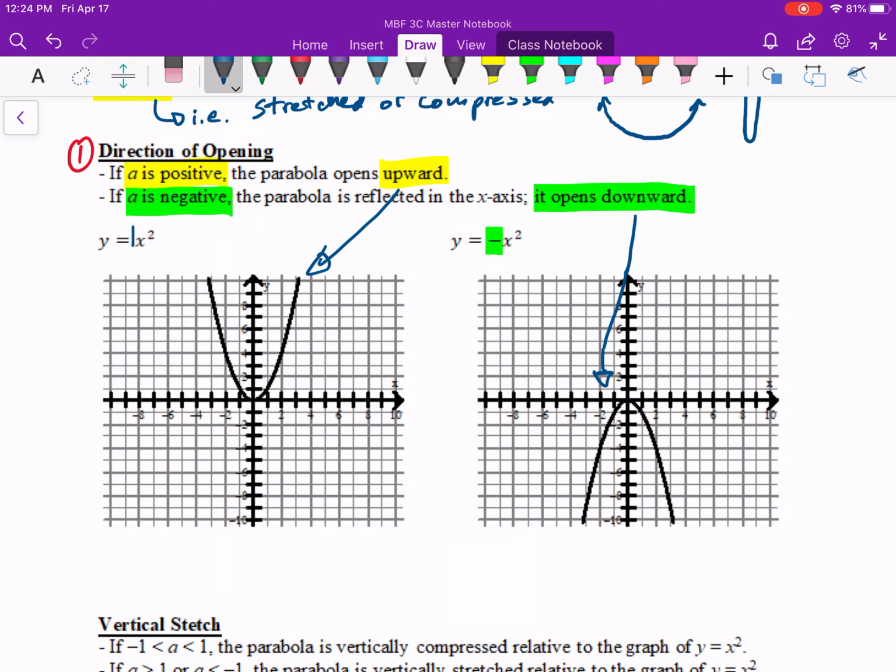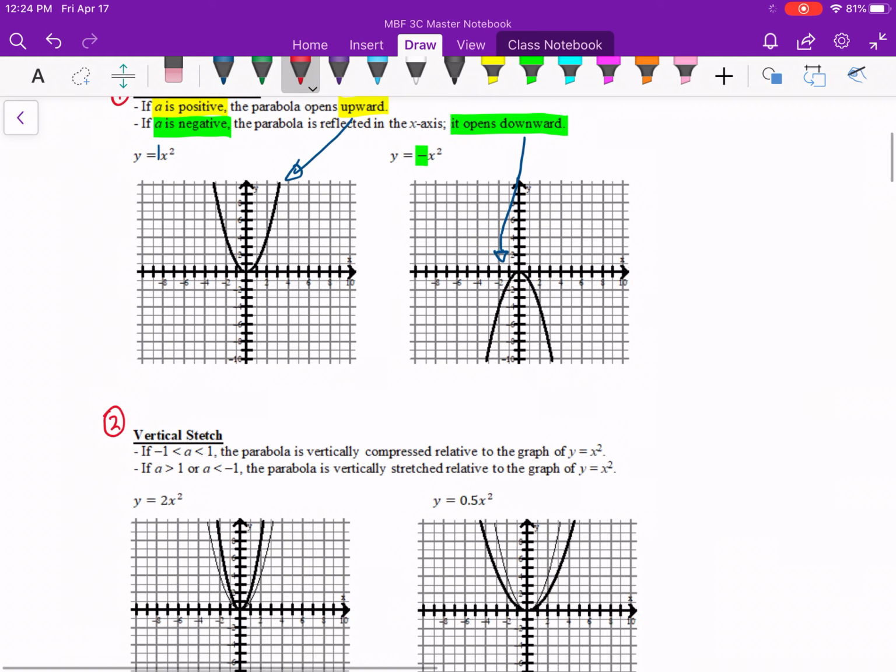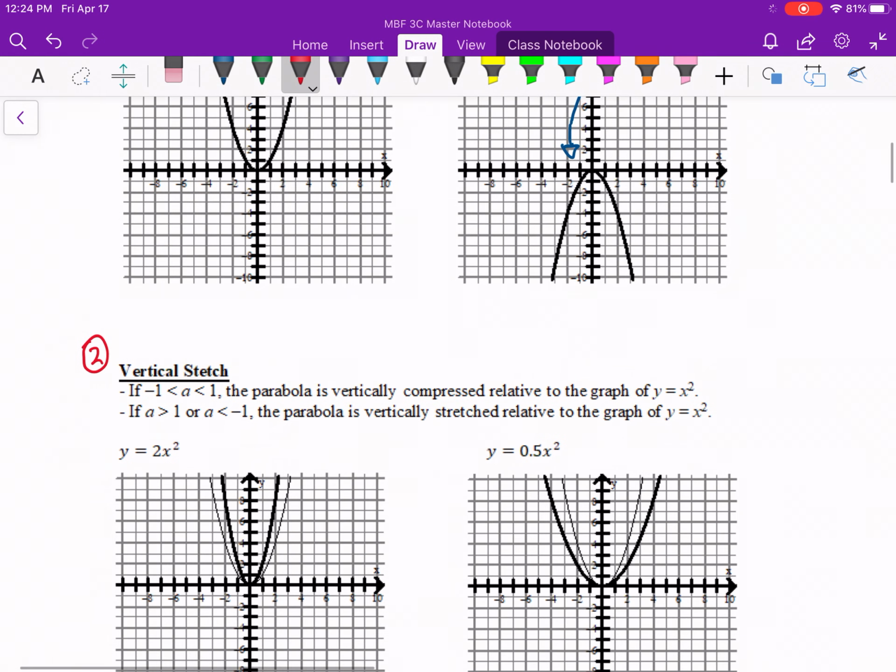The other thing was the vertical stretch, otherwise known as the shape of the parabola. That's what we talked about above, right? As I already said, we think of the stretch as being up or down, so not side to side. I know it's tempting, if something looks wider, to think about it being stretched sideways, but we want to imagine it strictly being up or down always.